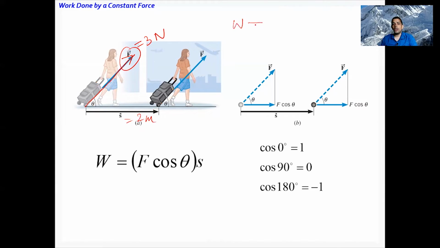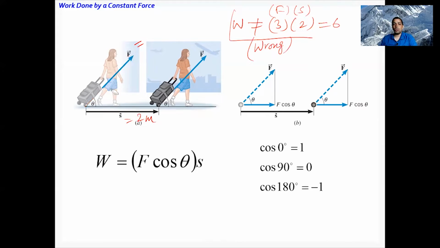Then you cannot simply write work as 3 times 2 equals 6. That's not correct, this is wrong. Why? Because your force has to be in the direction of displacement.